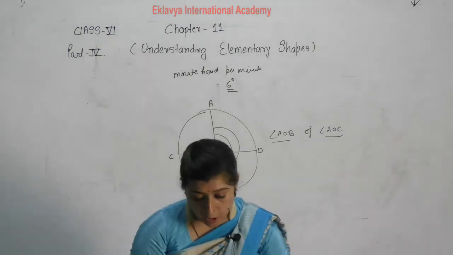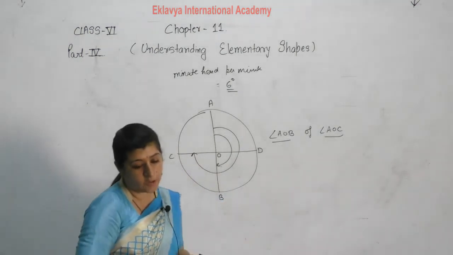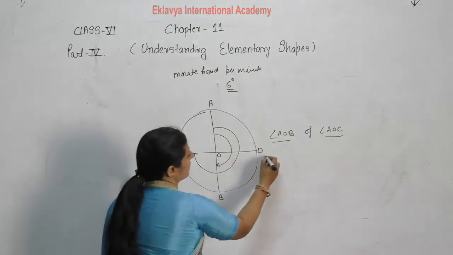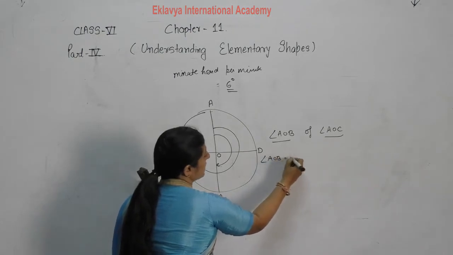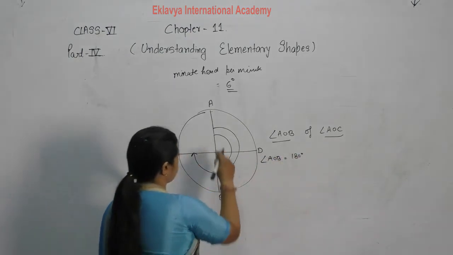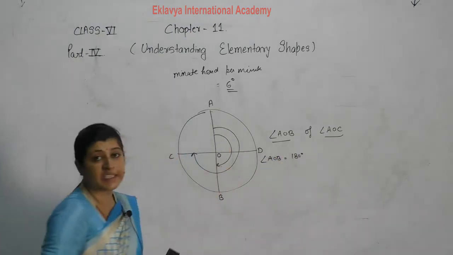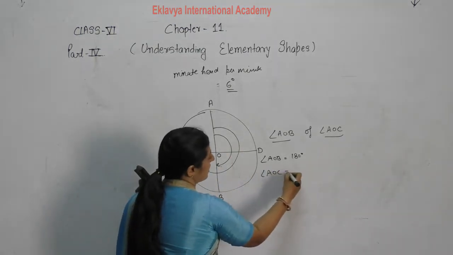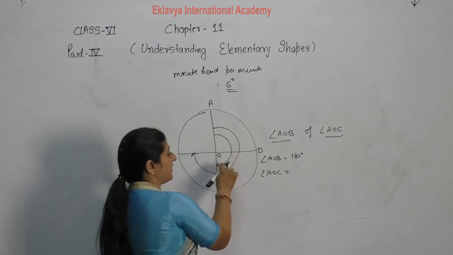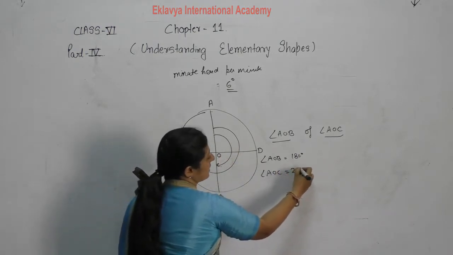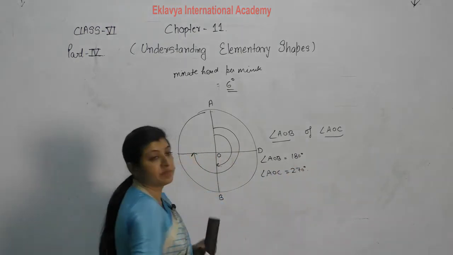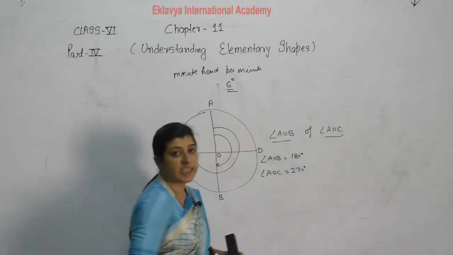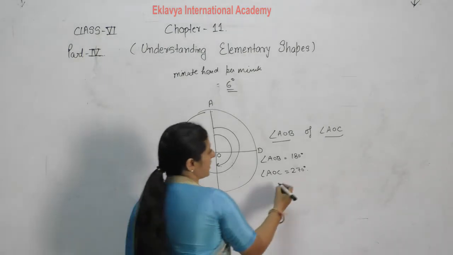The question is: how many times is the angle AOB of angle AOC? Taking from here, angle AOB is equal to 180 degrees, and in the clockwise direction, angle AOC is equal to 180 plus 90, that is 270 degrees. So what is the relation between them?